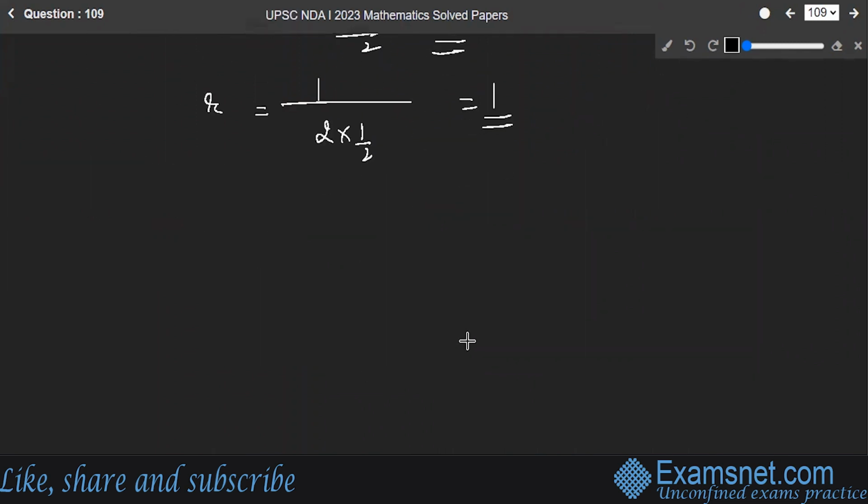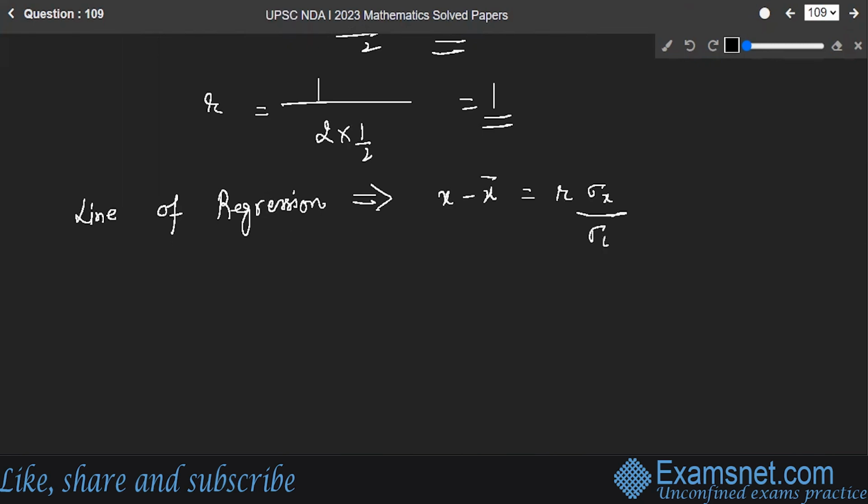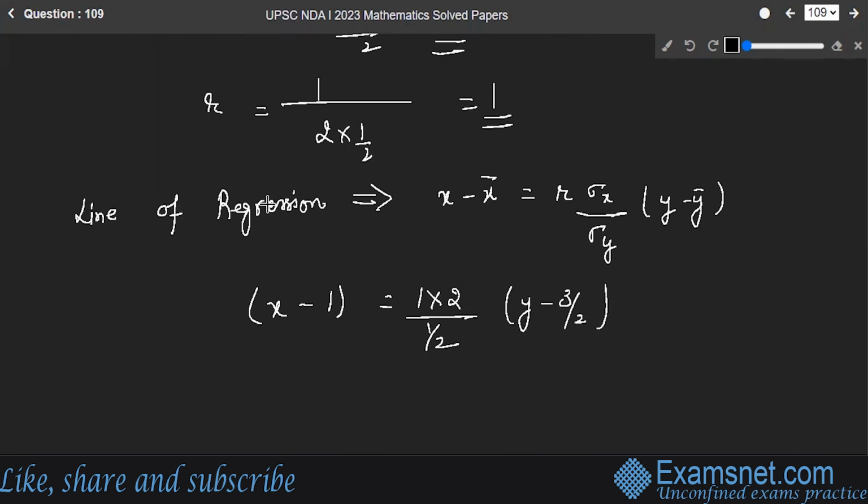Now the line of regression. X minus x bar is equal to this. So x minus 1 is equal to 1 into 2 upon 1 by 2, y minus 3 by 2.